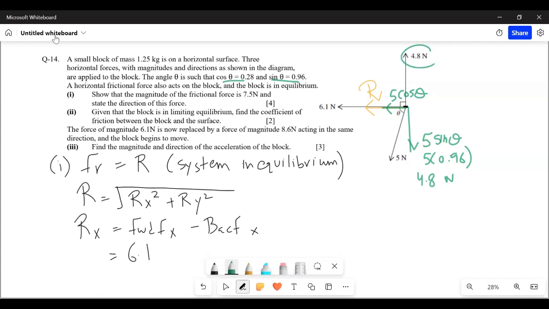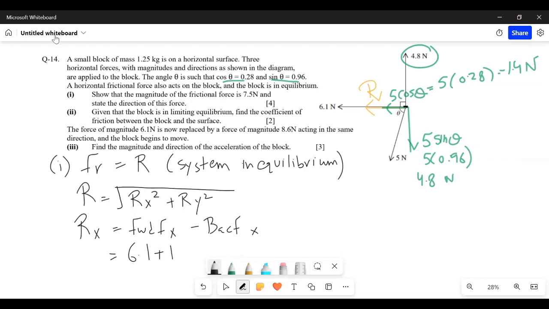So देखो ये भी 4.8 न्यूटन्स है और ये भी 4.8 न्यूटन्स है. तो vertical direction में तो forces are in equilibrium, they're cancelling each other out. अच्छा जी, and this 5 cos theta is going to be 5 times cos theta is 0.28, which is going to be 1.4 newtons. So another forward force in X direction is plus 1.4 newtons.